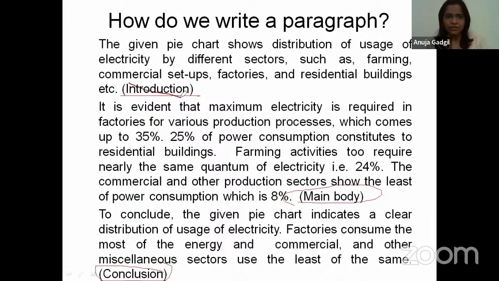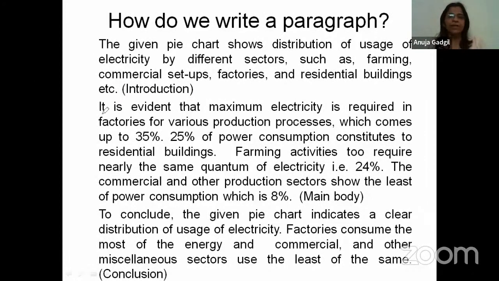You don't have to write this introduction word. This is just for your understanding. You don't have to write those words, my dear friends. That is just for your knowledge. You need not write this type of titles in your writing. Don't write them. Now, this is introduction. This pie chart shows a distribution.